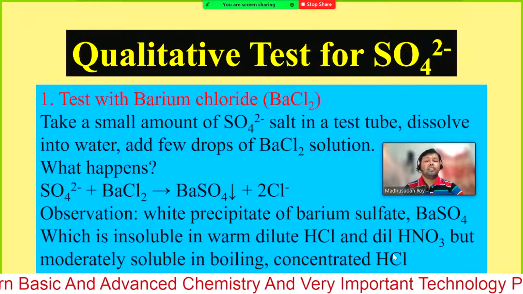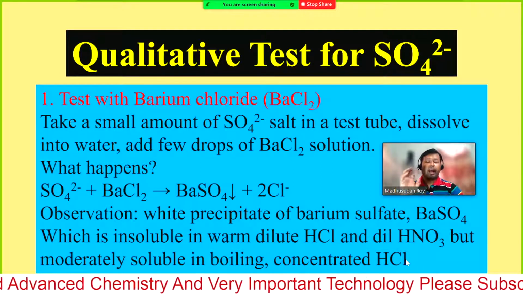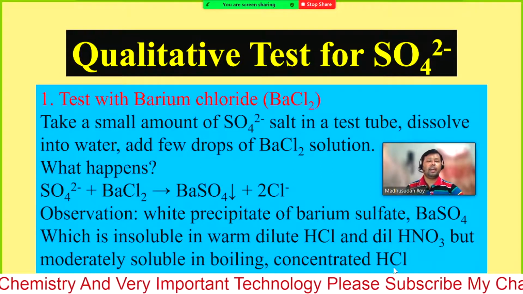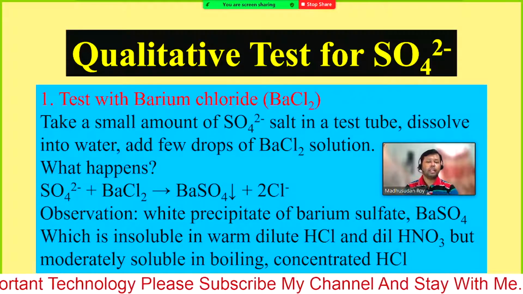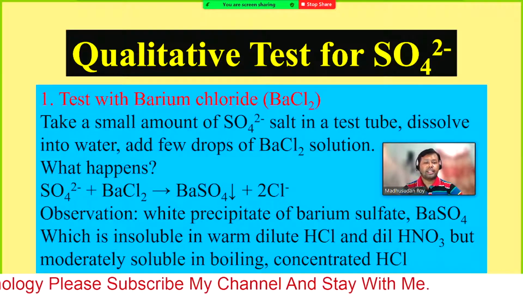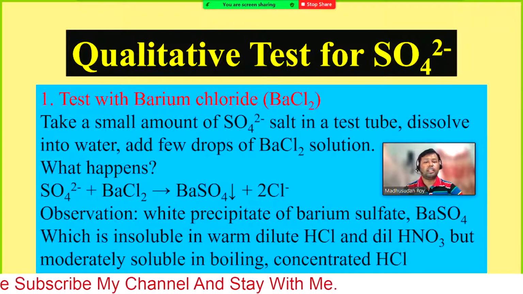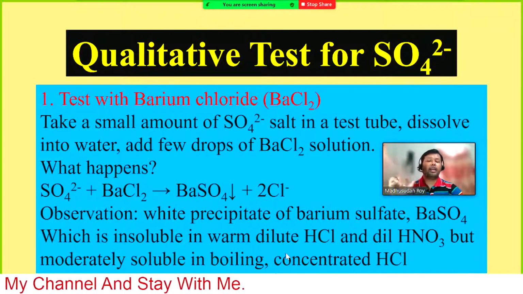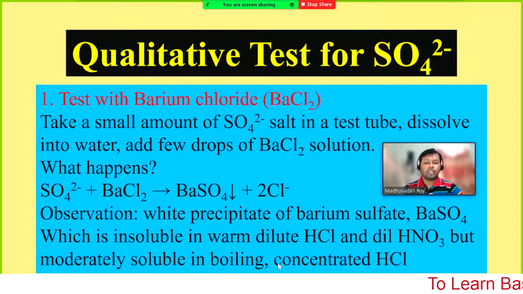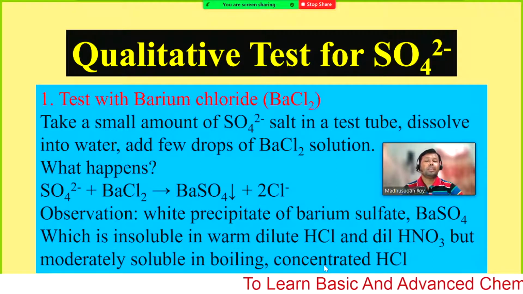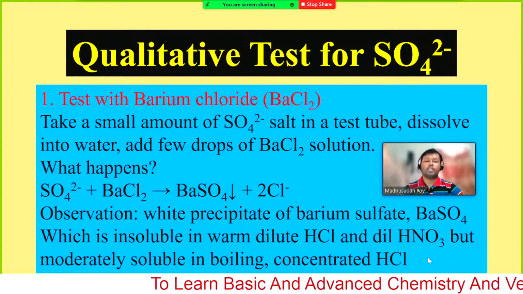That means if you add highly concentrated hydrochloric acid and heat it up, that means hot and concentrated. If it is dilute, then it has very few ions, so the reactivity is too low, and you are increasing the temperature. That was warm and this is boiling, that means a very high temperature, and the number of ions of hydrochloric acid is also very high.